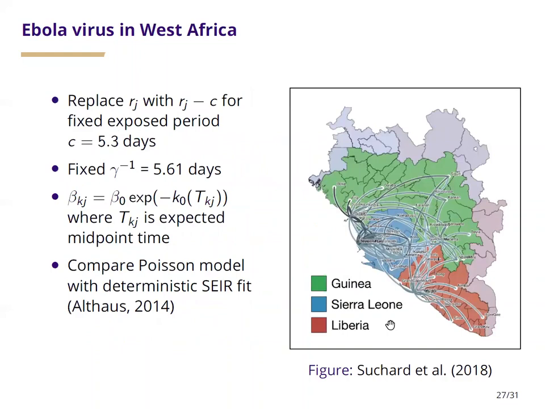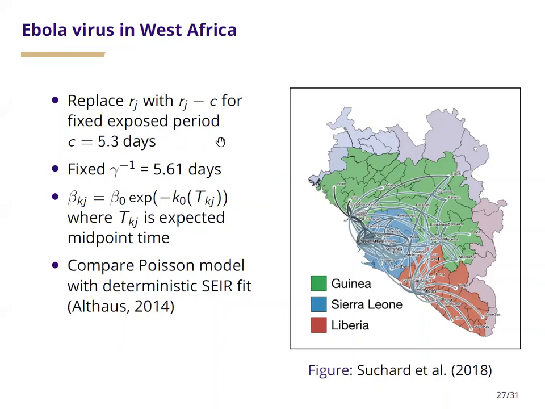So for the Ebola epidemic analysis, we're going to actually study an SEIR compartmental model where the E stands for exposed. And how we're able to add in this model flexibility and complexity is that we'll replace the removal time R_j with R_j minus c for a fixed exposed period, c equals 5.3 days.